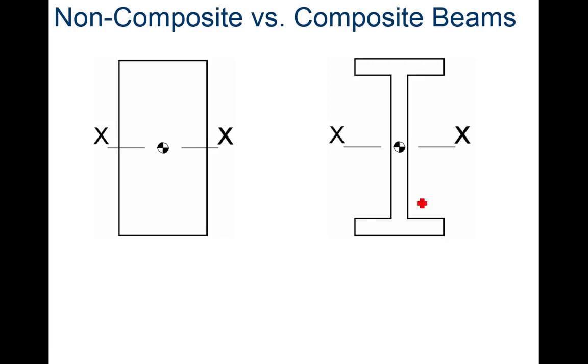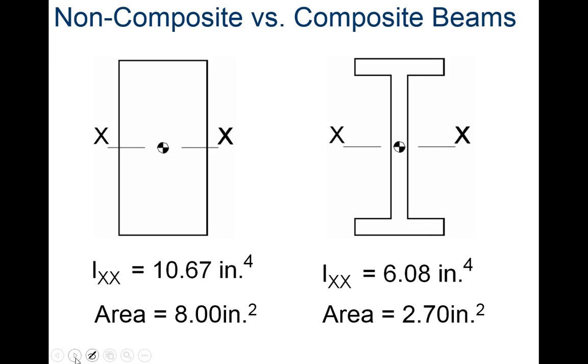One, it costs way less to make some composite shape like this I-beam, and if you look at the math, a huge reduction in area, which of course is going to cost less. And yes, the moment of inertia isn't as stiff, but you still get a very stiff member or a very stiff beam with using way less material.